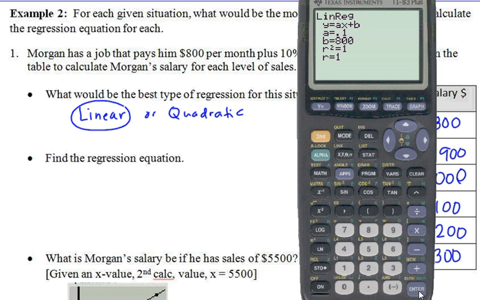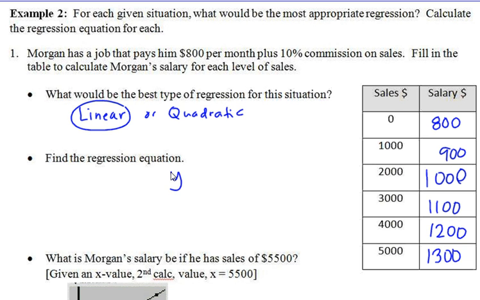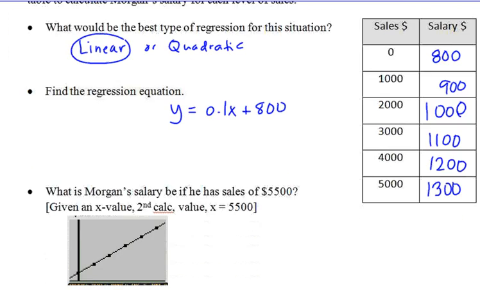So you have to do second catalog, diagnostics on, and push enter. Okay, so now the regression equation is y equals 0.1x plus 800, which makes sense: a base salary of 800 and 0.1 times our sales. That's our linear regression equation.